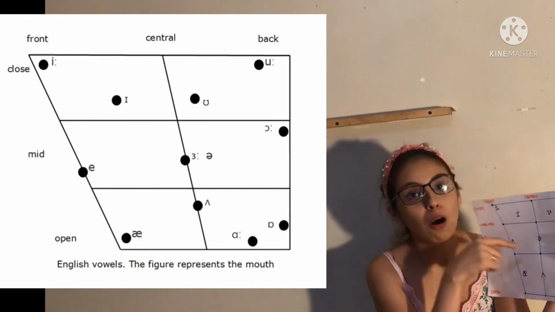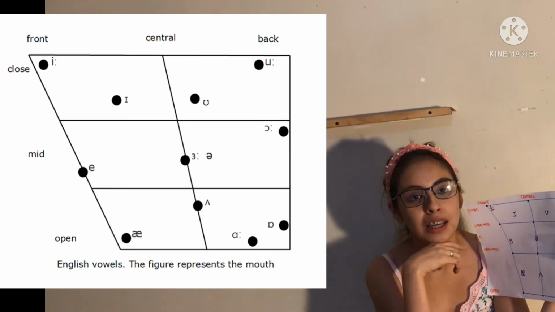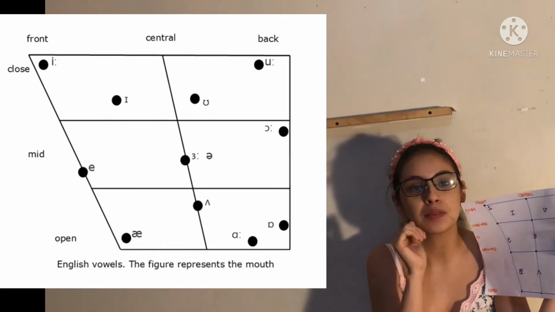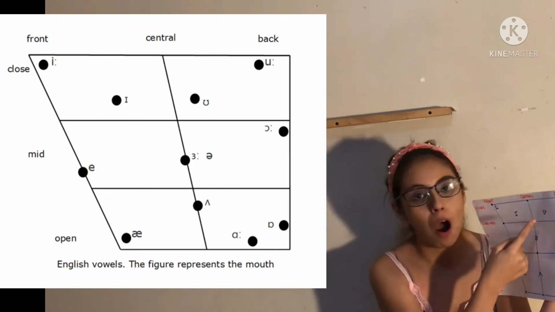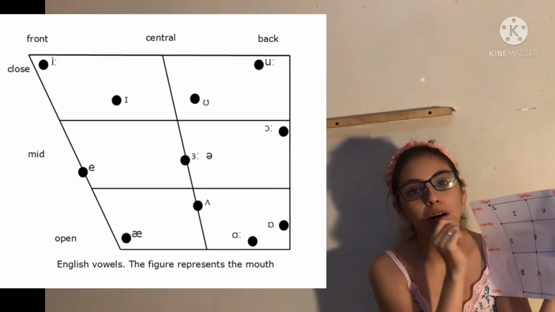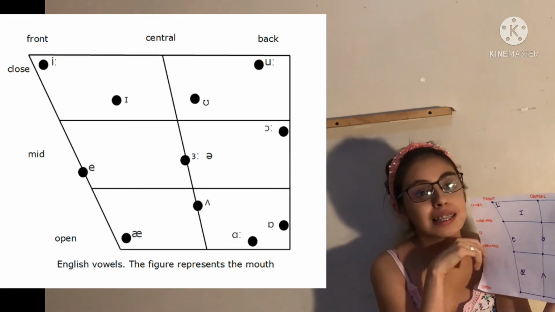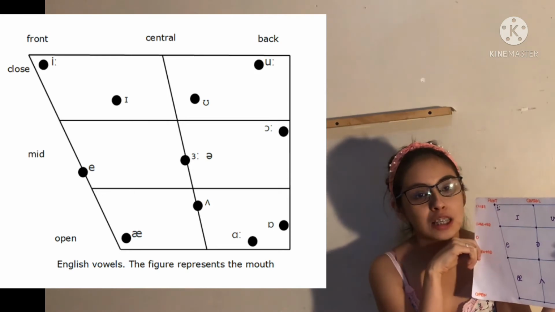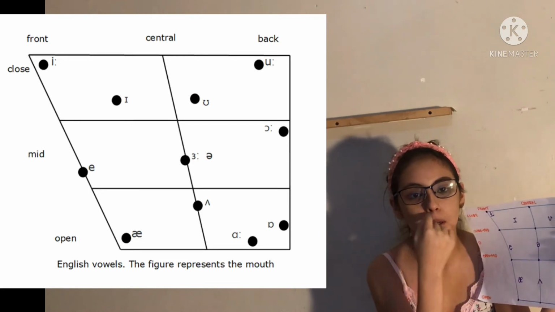The ooh. The tongue is back and the lips are round. And the one without the two dots, the tongue is central and the open lips are round.